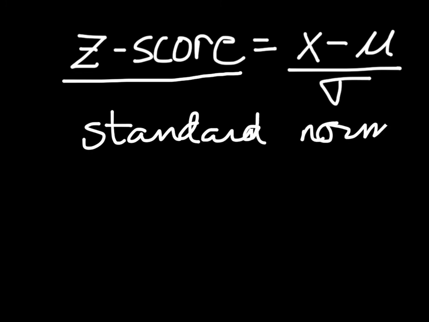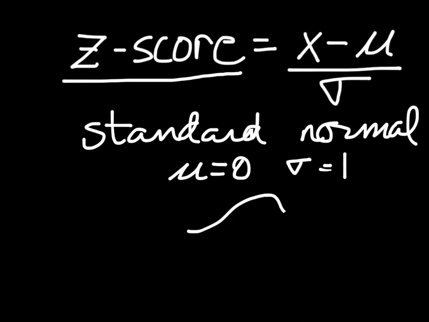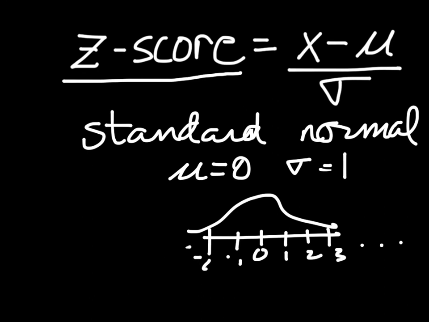And if you remember, in the standard normal, the mean is 0 and the standard deviation is 1. So when we look at that curve, it goes 0, 1, 2, 3, etc., -1, -2, etc., with again the concave down portion, the concave up portion being outside 1 and -1.